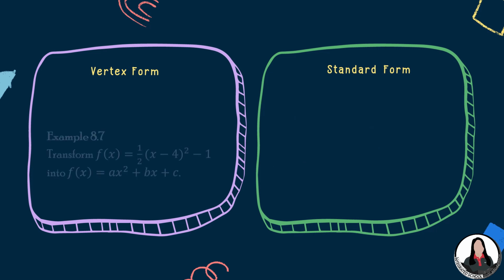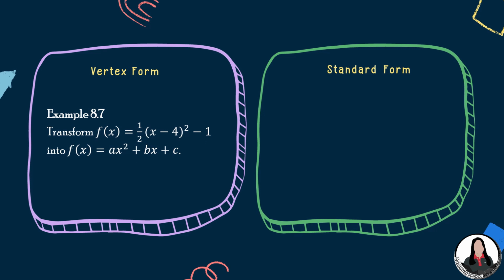We have another example. We have transform f of x equals 1/2 quantity x minus 4 quantity squared minus 1 into f of x equals ax squared plus bx plus c. So, same is true with the process. Okay, rewrite the given and then perform x minus 4 quantity squared.